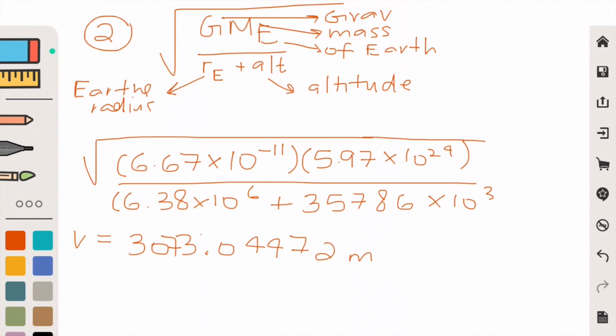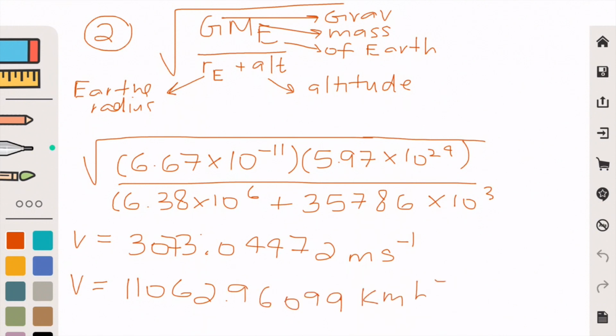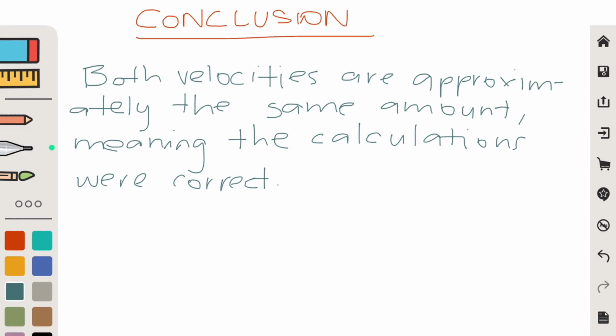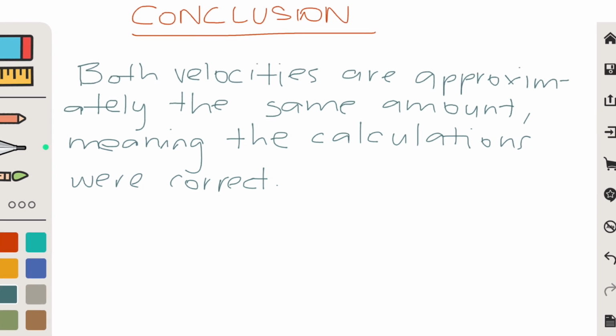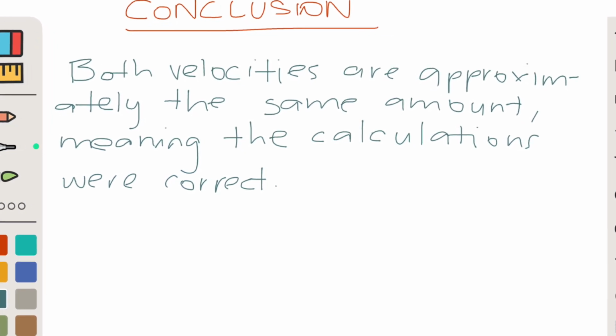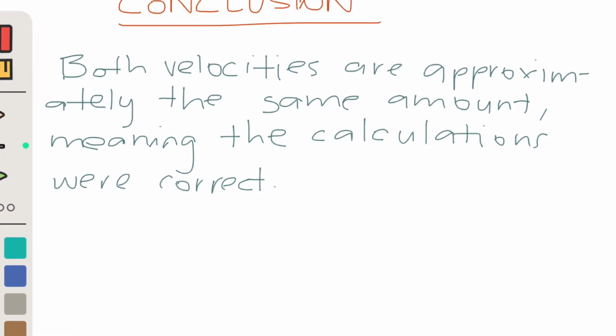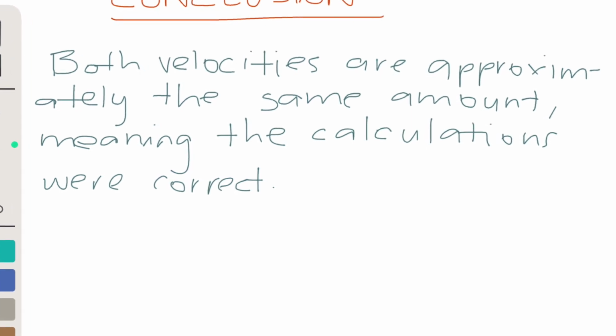And then to get that into kilometers per hour, which is what you normally use in space, is 11062.96099 kilometers per hour. So obviously both velocities are approximately the same, meaning that the calculations were correct, and when they were cross-checked, it improved the reliability.